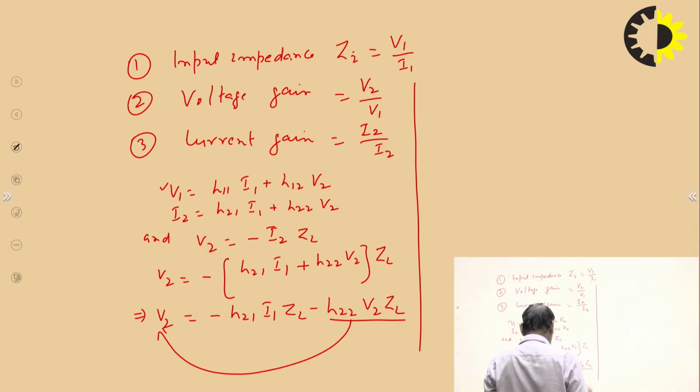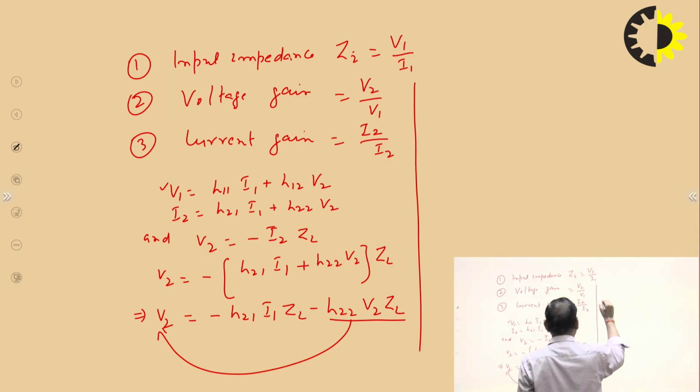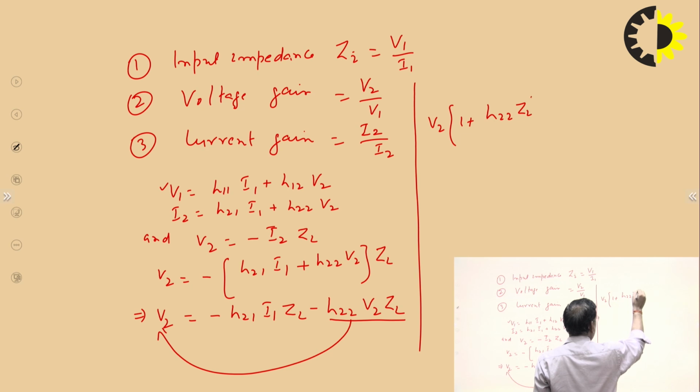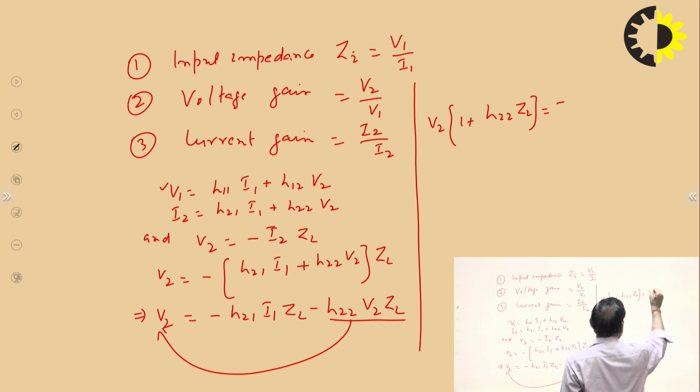So if we take this side, we'll get V2 into 1 plus H22 ZL equal to minus H21 I1 ZL.